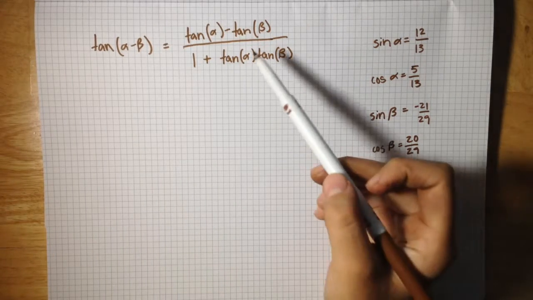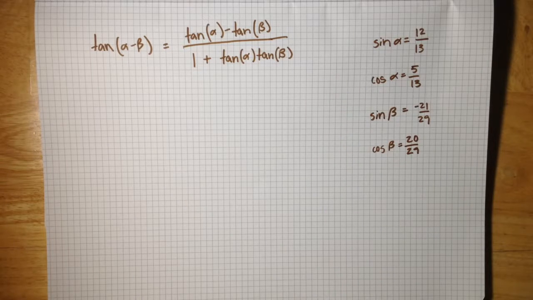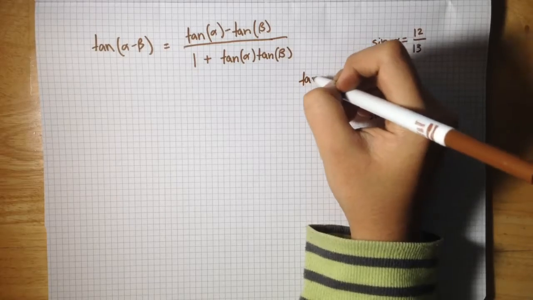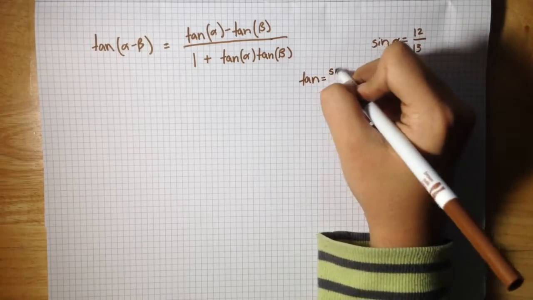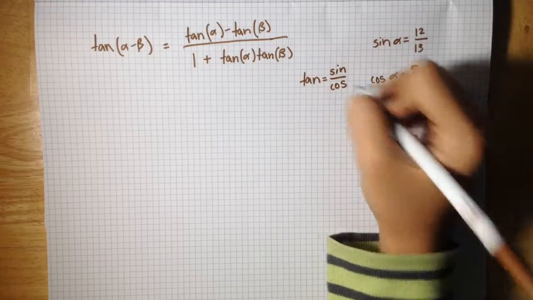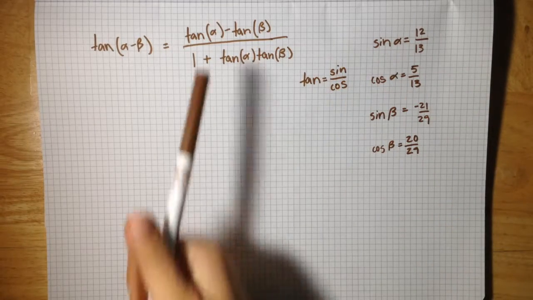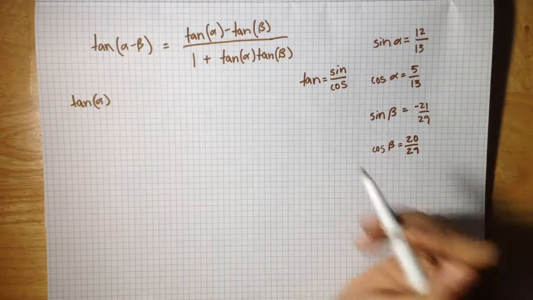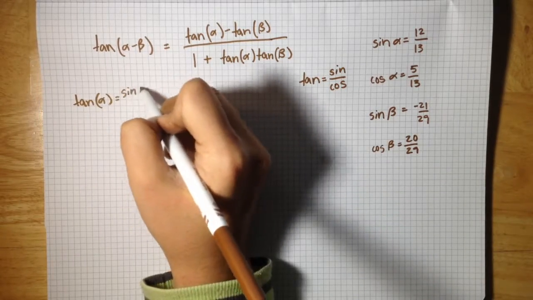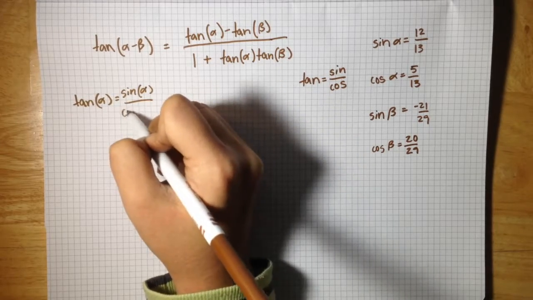So to find tangent of alpha and tangent of beta, we have to remember that tangent of anything equals its sine over its cosine. So to find tangent of alpha, we take sine alpha and divide it by cosine alpha.